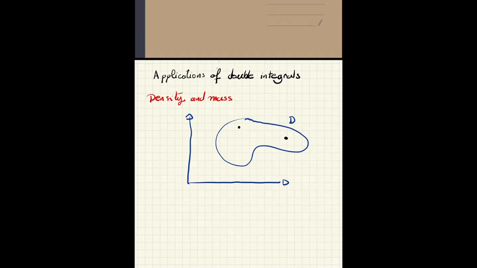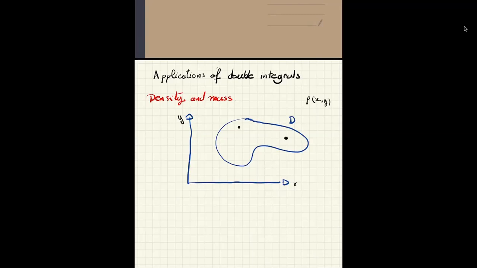So the density will be some function of x and y. It's going to be a kind of instantaneous change of the density.